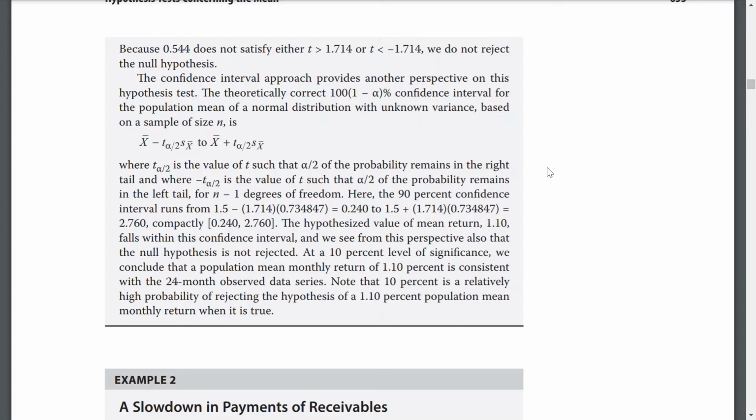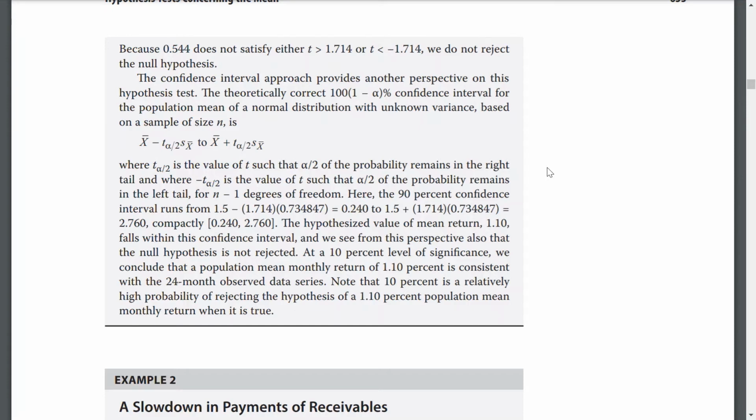For n minus 1 degrees of freedom, here the 90% confidence interval runs from 1.5 subtracted by this, which is equal to 2.76, which is compactly these two numbers. The hypothesized value of the mean return, 1.1, falls within the confidence interval, and we see from this perspective also that the null hypothesis is not rejected at a 10% level of significance.